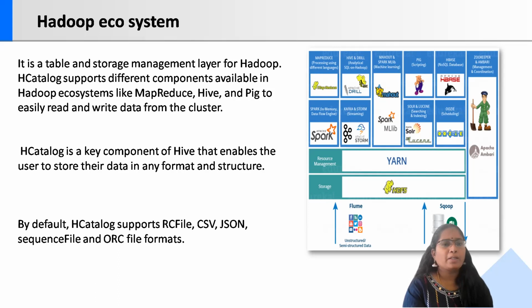The next component is HCatalog. This is a key component of Hive that enables users to store data in many formats and structures. It handles different types of data formats like RC file, CSV, JSON file, sequence file, and ORC file formats.